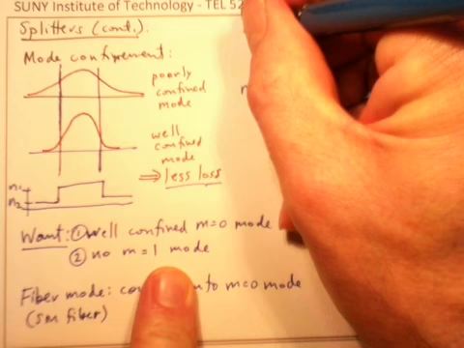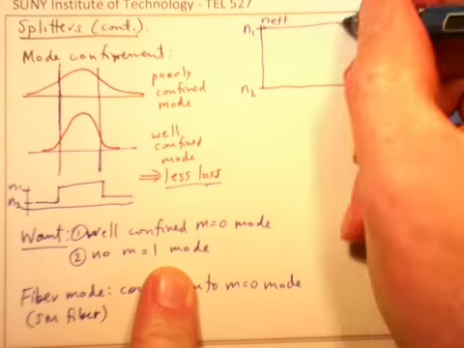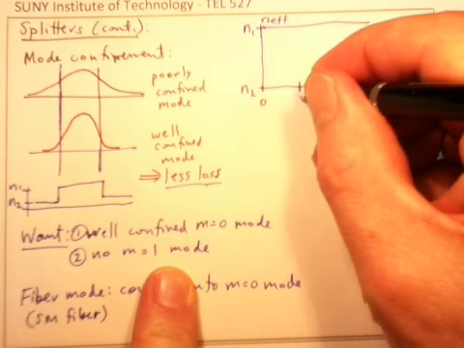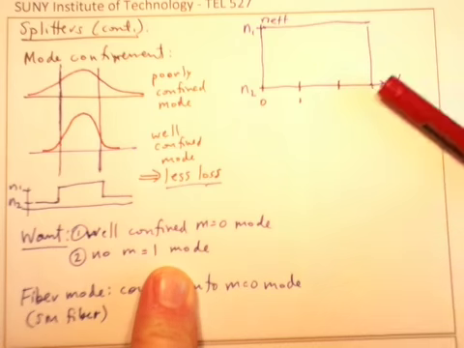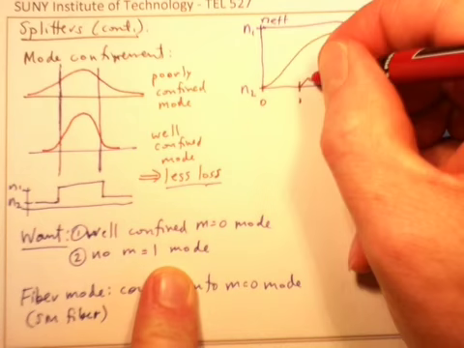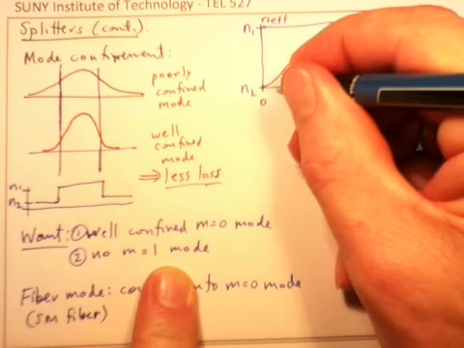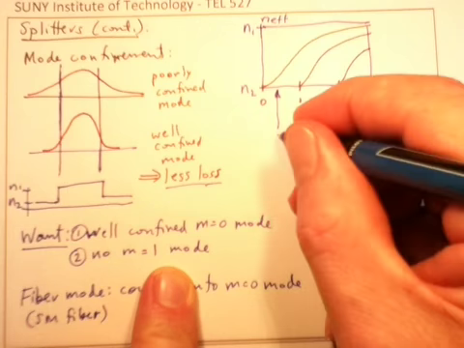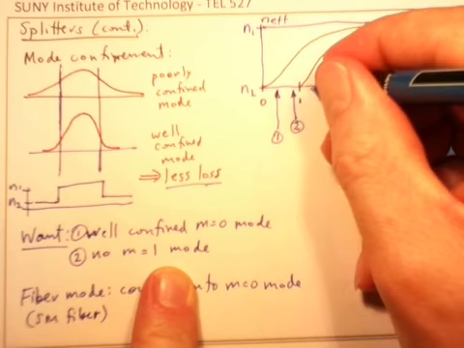N2 up to N1, and this is D by lambda. I'm not going to label these, but these are the cutoffs for the different modes. Here's my mode diagram. Here's the cutoff for mode number 2. So if we have a waveguide where D by lambda is down here in case number 1 versus case number 2 versus case number 3.